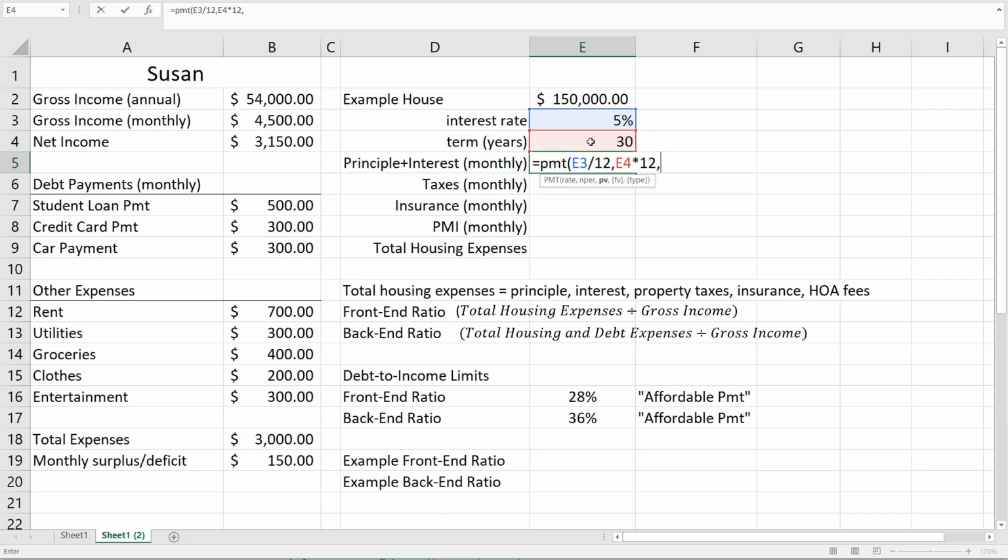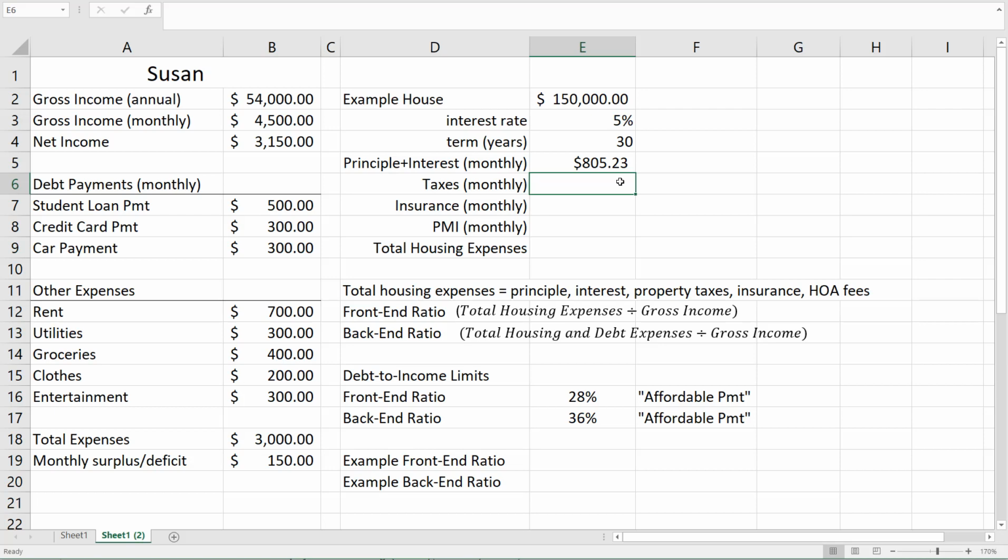The present value we're going to put in as negative 150,000. The negative is so it'll give us a positive number at the end. What we'd like is for the future value to be 0, and we won't worry about the type for right now. So principal and interest monthly on that 150,000 is going to be $805.23.